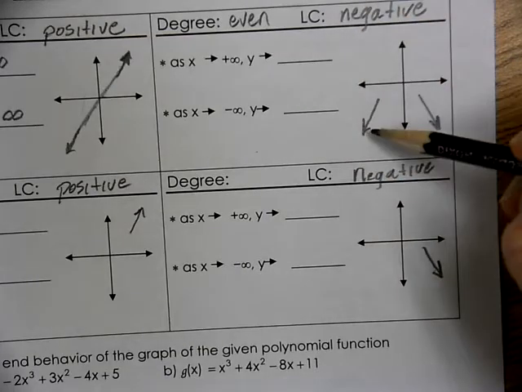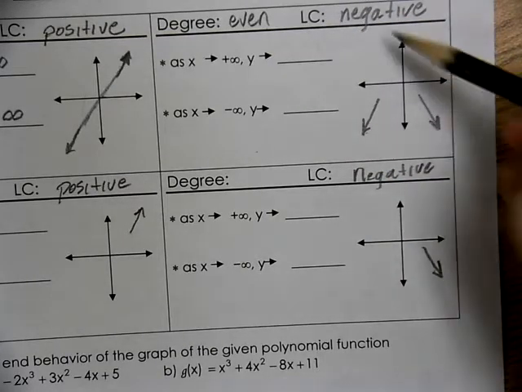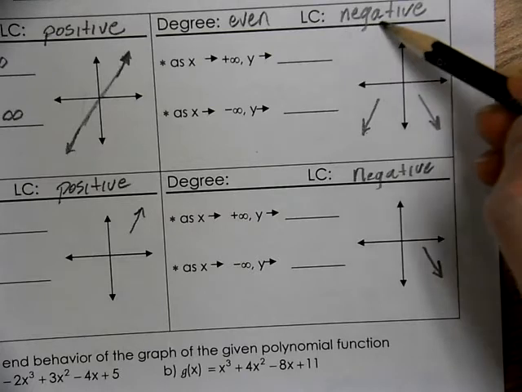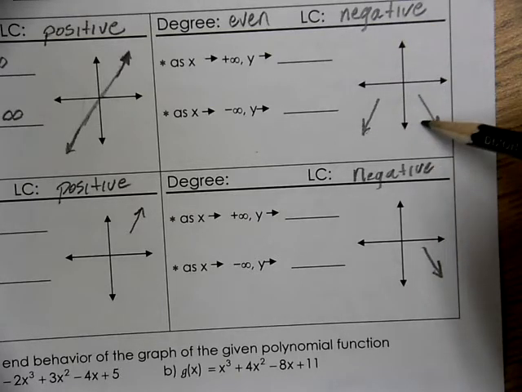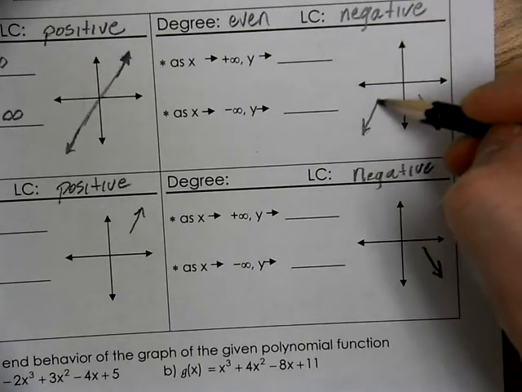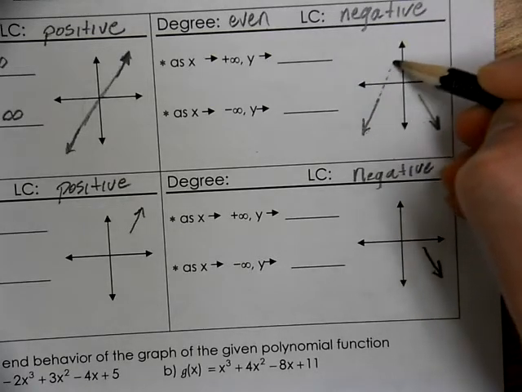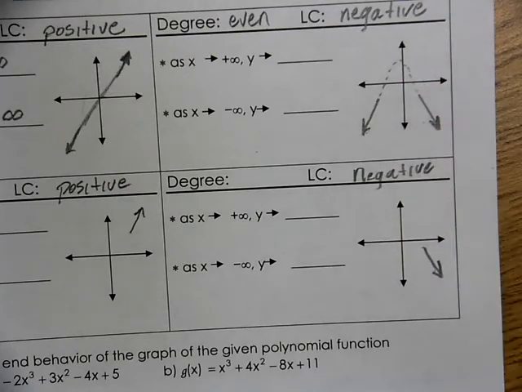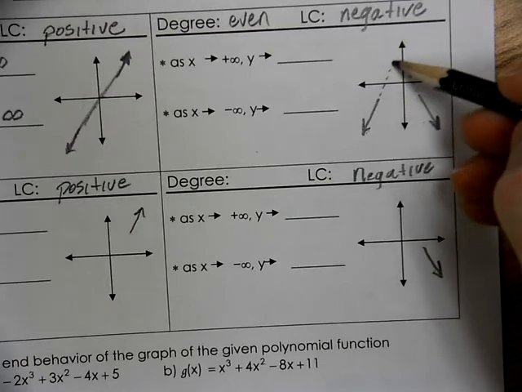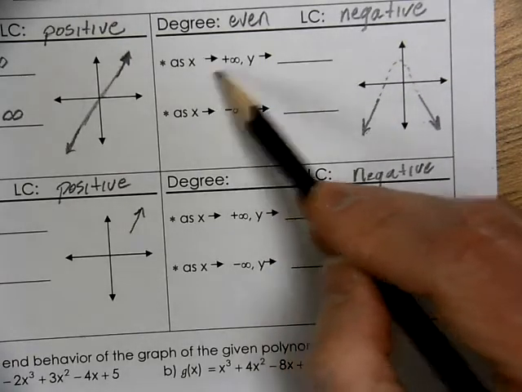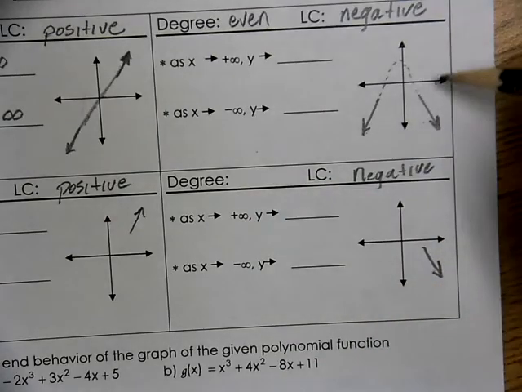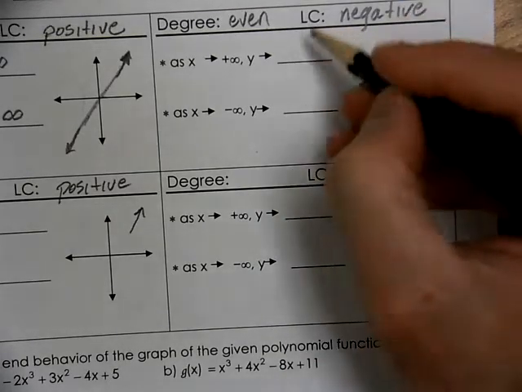If it's even, they're going to be going in the same direction. If the leading coefficient is negative, they will both be going down. So if it's just 2, then you would expect it to be something like that. If it was 4, you might see it make more like an M shape. But as x approaches positive infinity, the graph is going down.